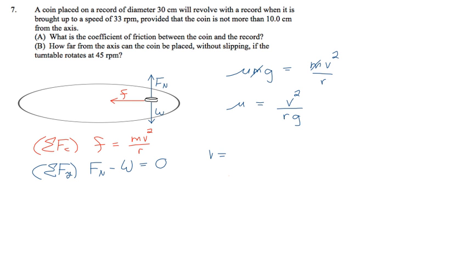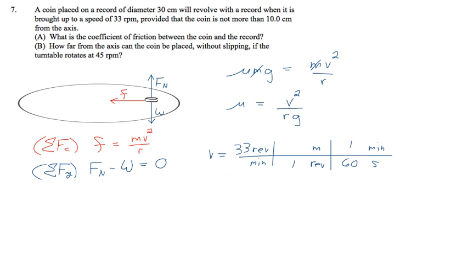So we're going to write 33 revs per minute, and we're going to convert that into meters per second. I can do that in 2 conversions. I'm going to go from revolutions to meters, and I'm going to go from minutes to seconds. 1 minute is 60 seconds, and 1 rev is what?